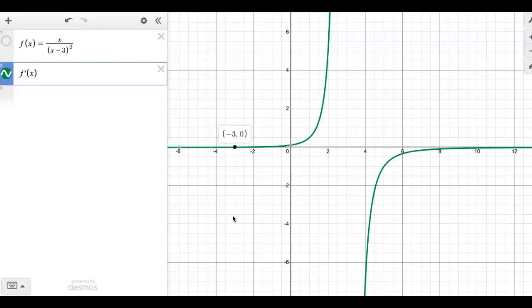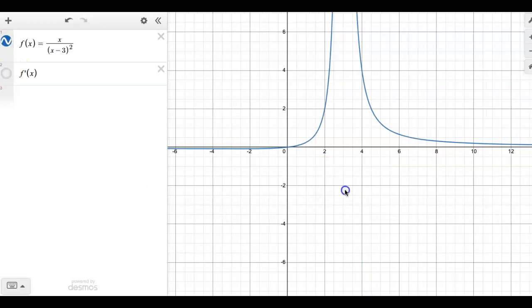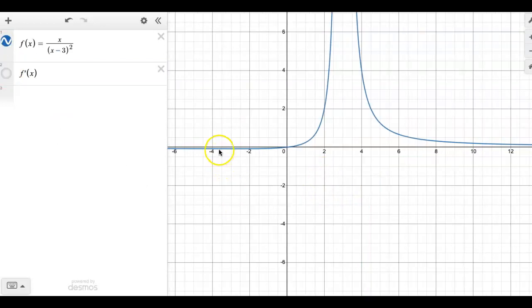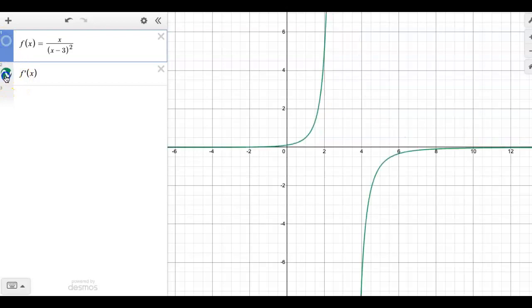So just a little bit of cheating because I didn't know it was there. If I would look at this graph, I'd have no idea that there's a min there, and then it starts going back up. I mean, you could kind of like drag the cursor or whatever, but the easiest way to do it is, hey, let's see if my derivative is 0 at negative 3. So I'll just hit the graph for the derivative, and then if I come over here and I click at negative 3, it is 0.